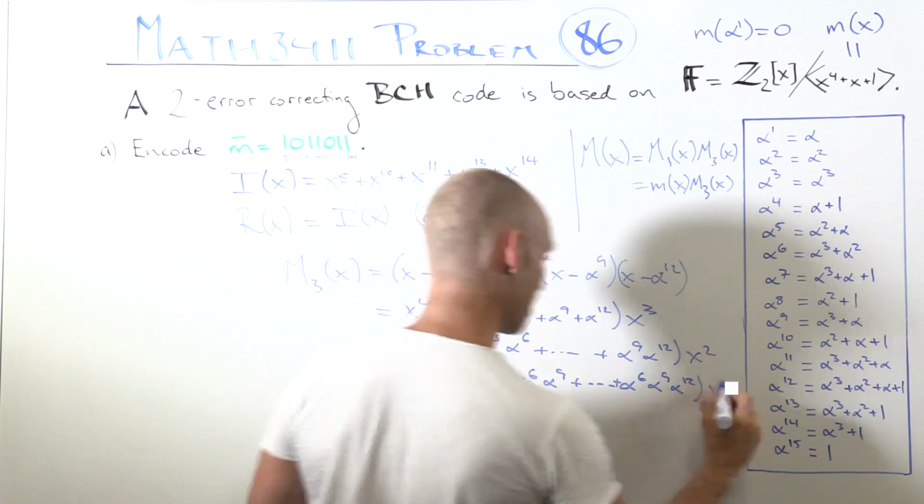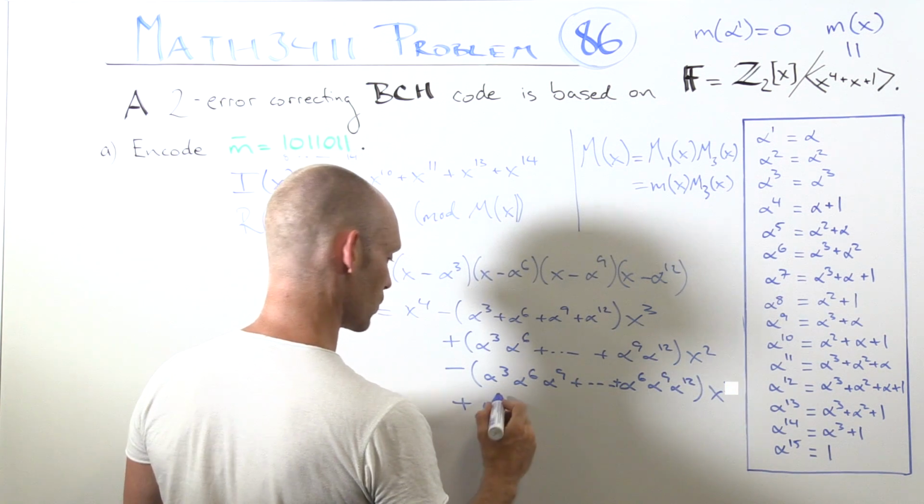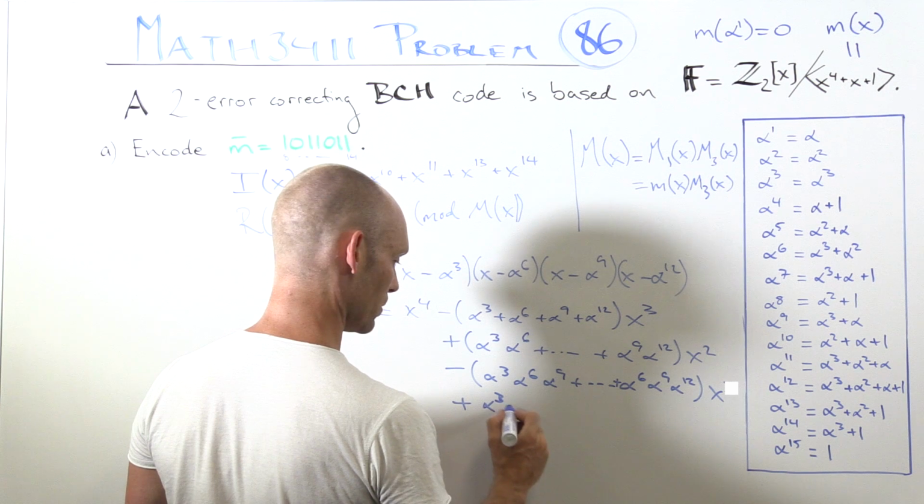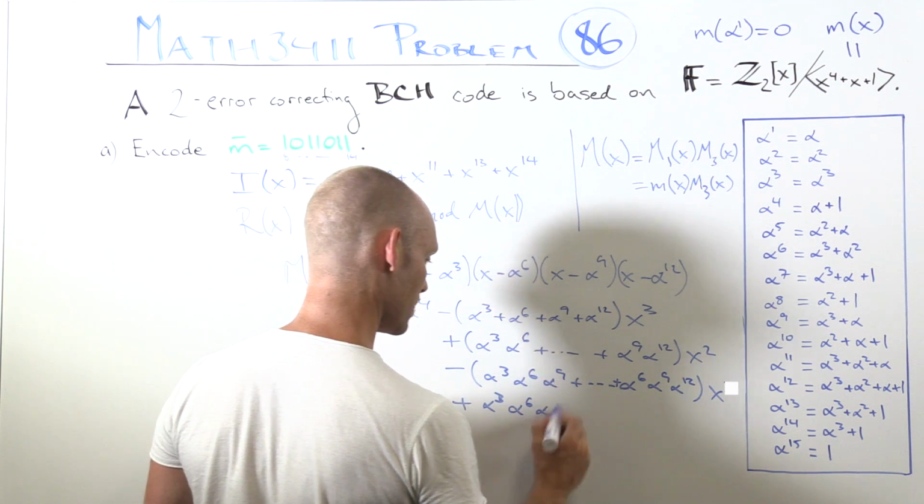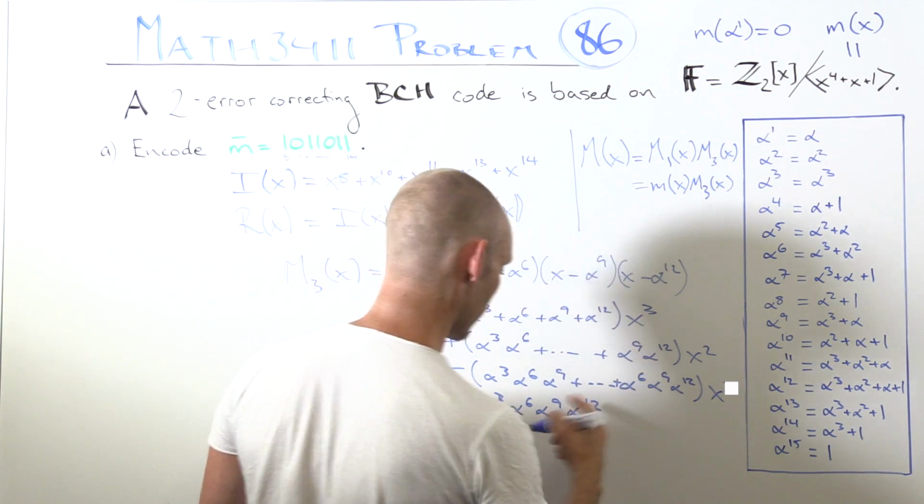And finally, just all 4 roots multiplied together, giving us the final term.